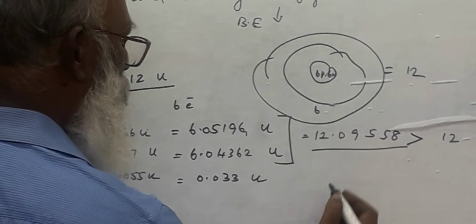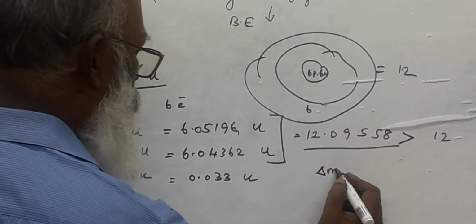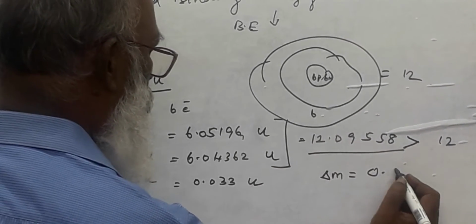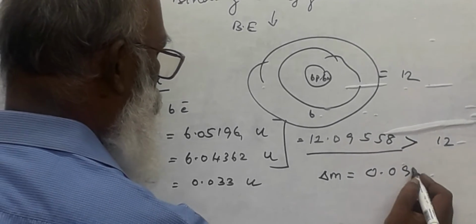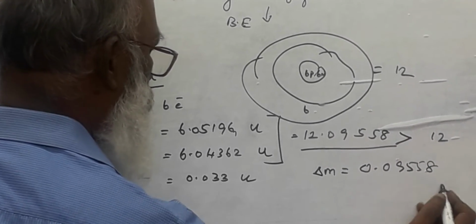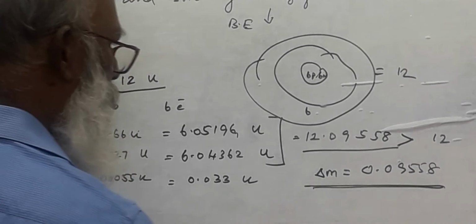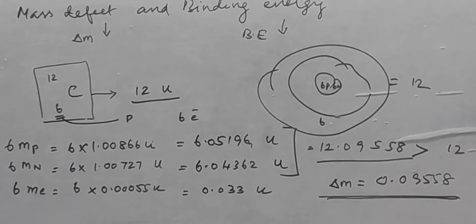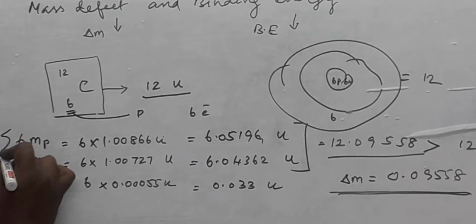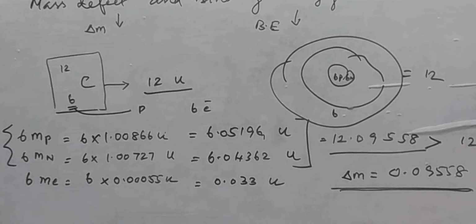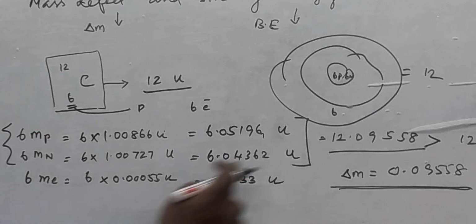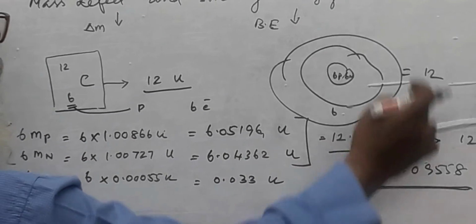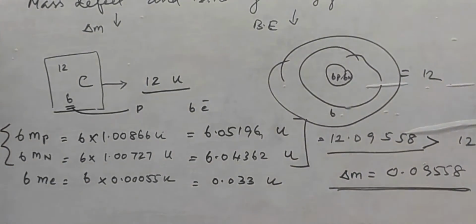So how much is the difference? Delta M is the difference, 0.09558. This is the mass defect. When you calculate the constituent particle masses and add them, we get a higher value than the total mass of the atom.